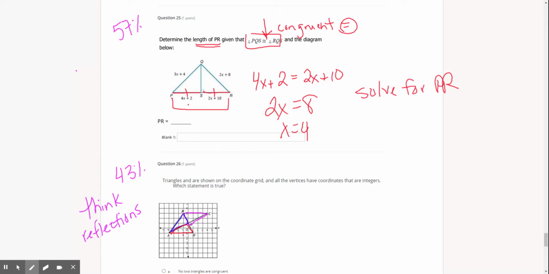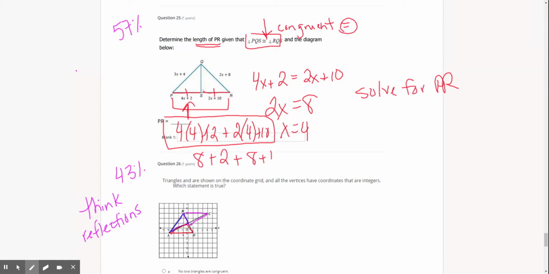So I've got to substitute in the 4 here. So 4 times 4 plus 2. And then I've got to substitute it into the next one too. 2 times 4 plus 10, right? We're going to do that whole thing. So 8 plus 2 plus 8 plus 10. Is that 26?